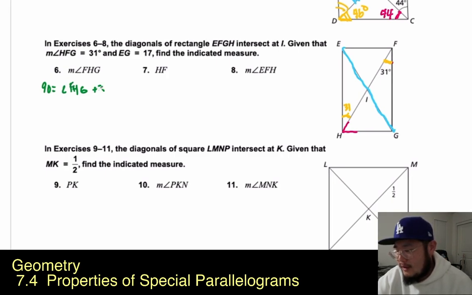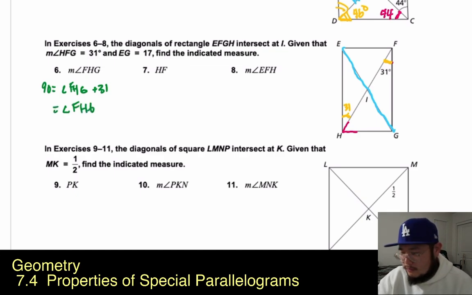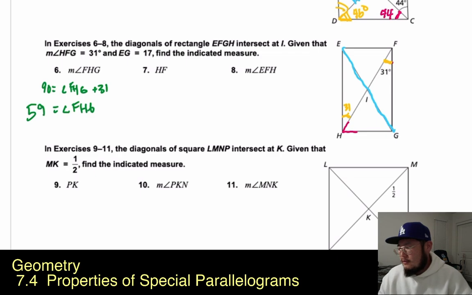So when we subtract 31 from both sides, we will end up with 59 degrees. All right. Fantastic.